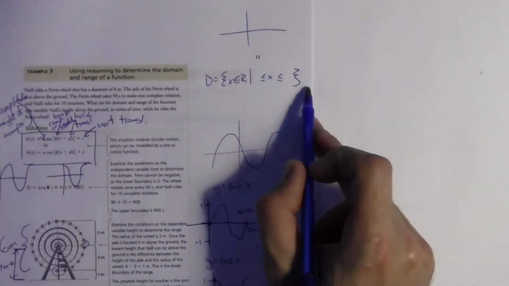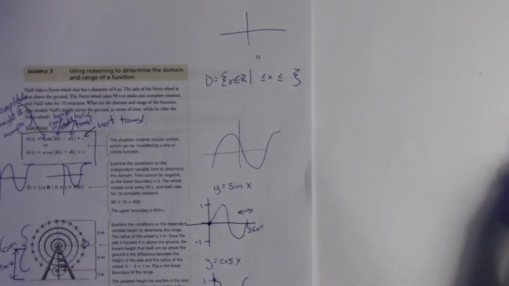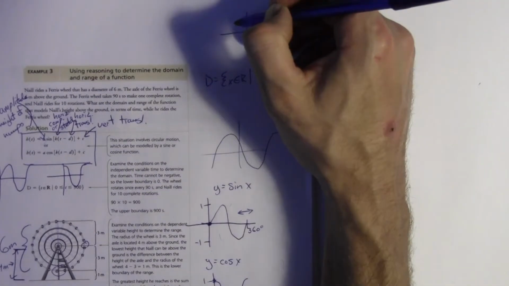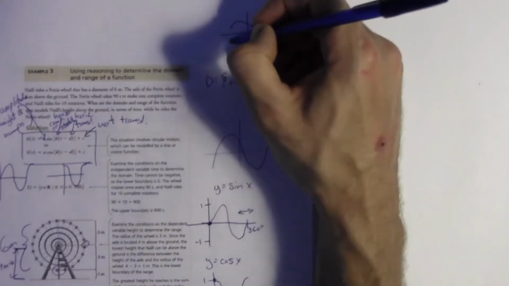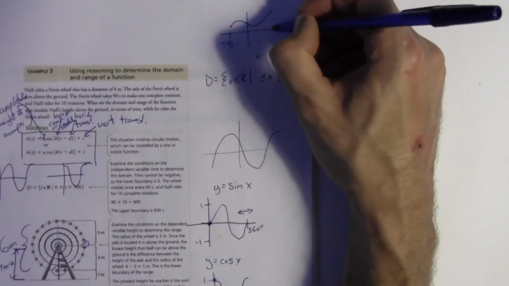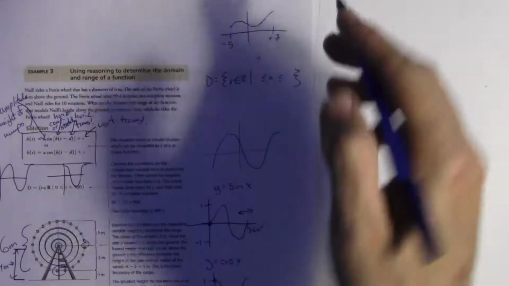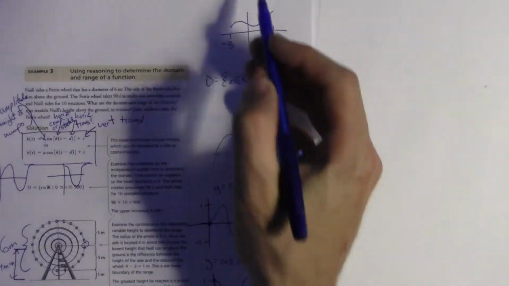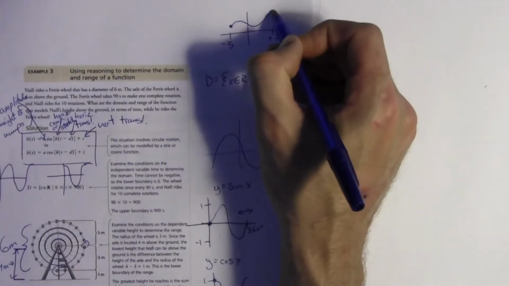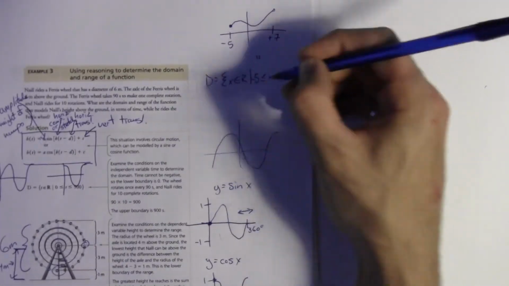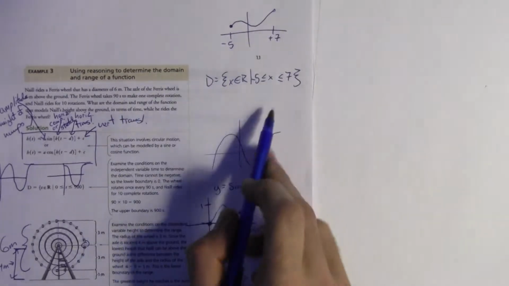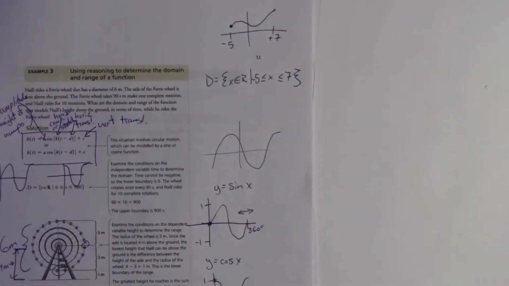So you can almost set that up at the beginning. Okay, now for any line that I draw, this is -5, this is +7. I set that up already for domain. Now I just read it from left to right, -5 and +7. People get confused with which way to put these arrows.